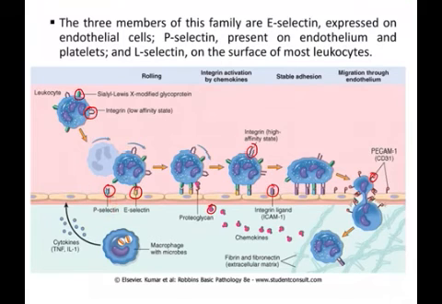So when the cytokines activate the endothelial cells, then these activated endothelial cells would make the selectins come onto the cell surface. Selectins are the interacting proteins. Selectins are particularly going to interact with sialyl Lewis X modified glycoproteins on the cell surface of leukocytes.